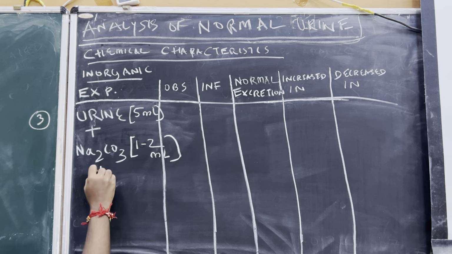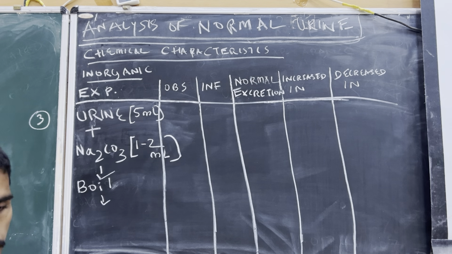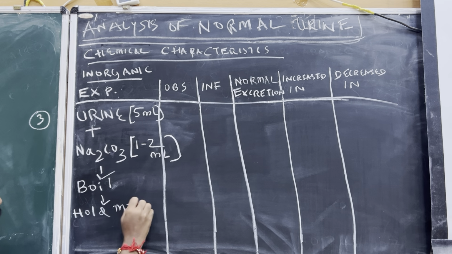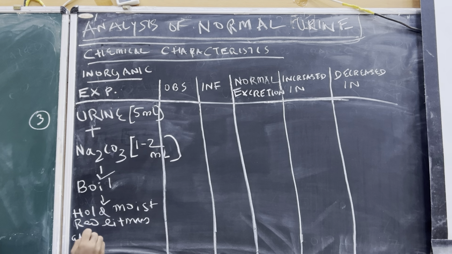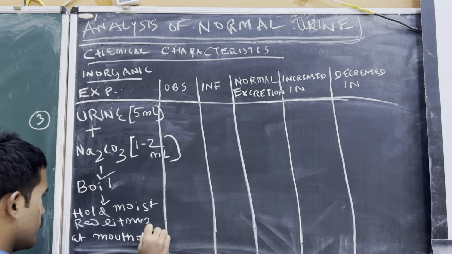Now we boil this. We boil and we hold a moistened red litmus paper at the mouth of the test tube.